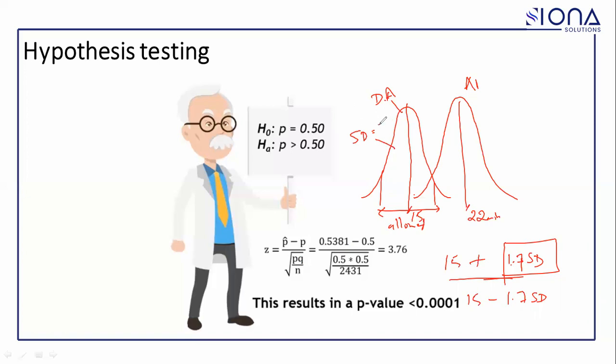I think it was 3.5. So how much will be 15 plus 1.7 standard deviation? It is 21.125.